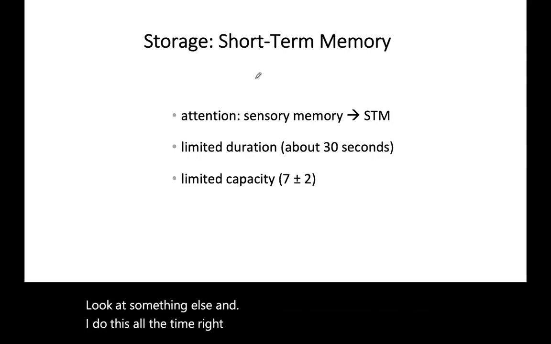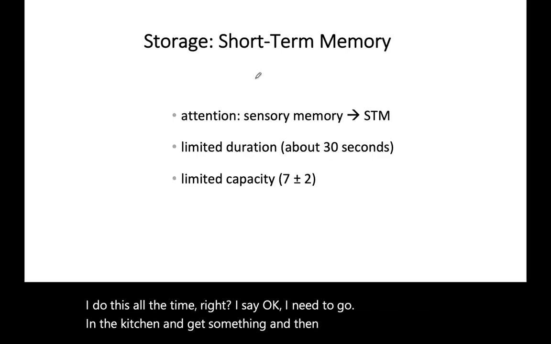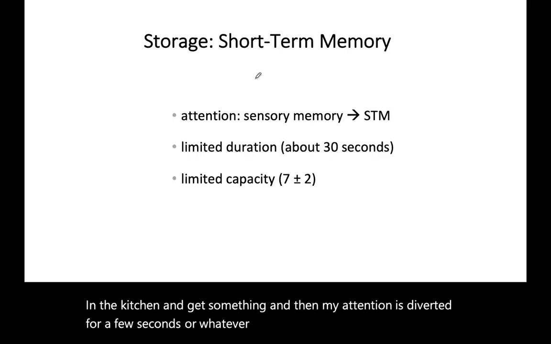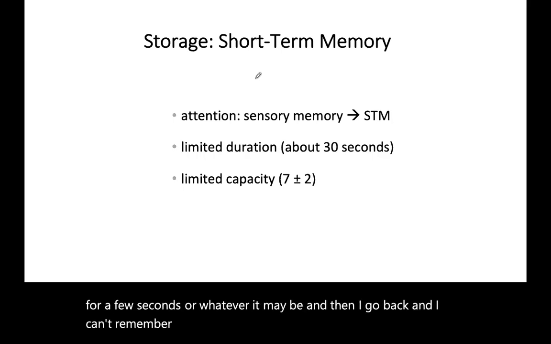I say, okay, I need to go in the kitchen and get something. And then my attention is diverted for a few seconds or whatever it may be. And then I go back and I can't remember why I needed to go in the kitchen. I think we've all had this experience.